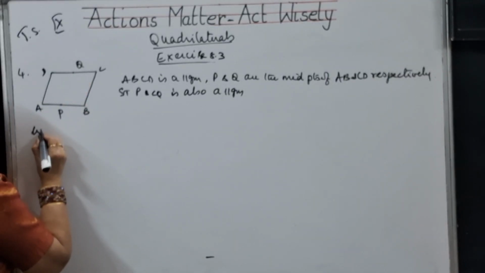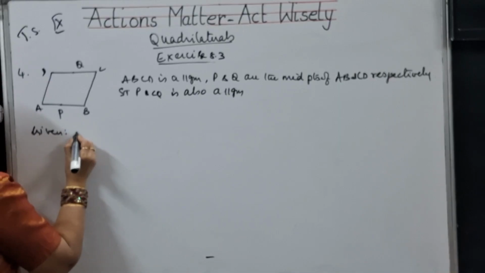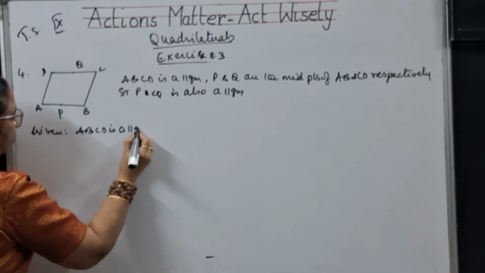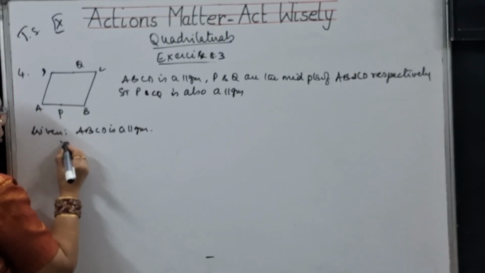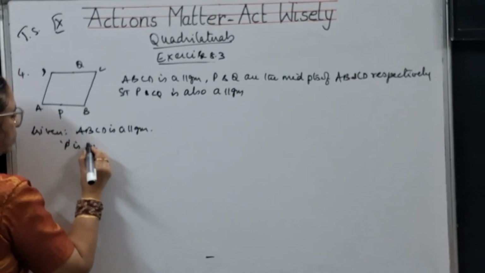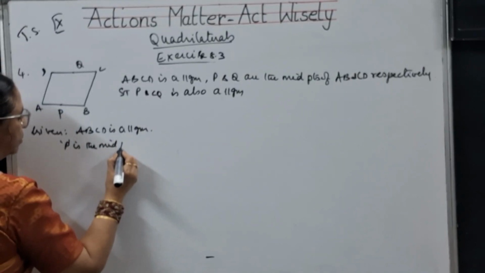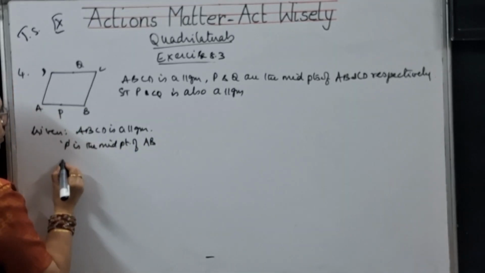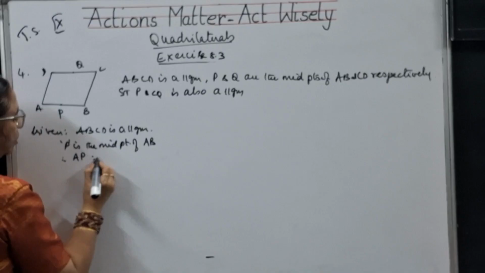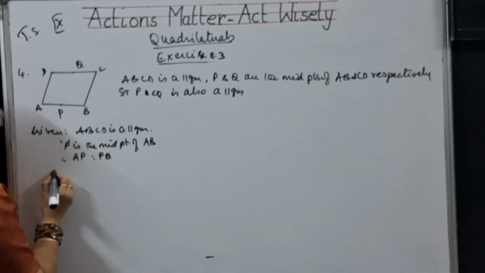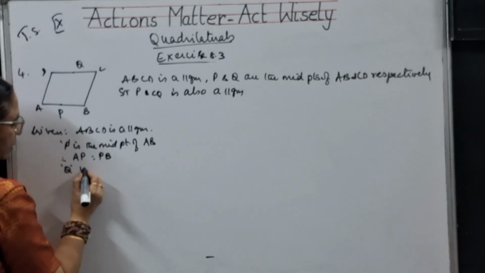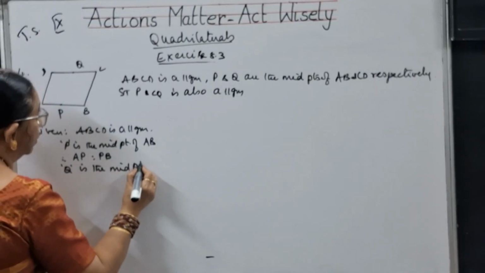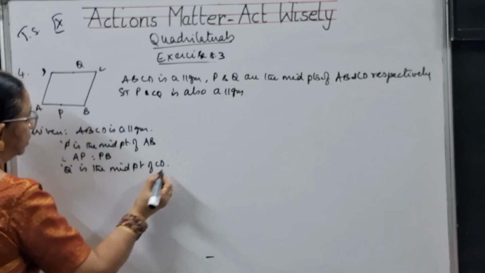So, what is given to us? ABCD is a parallelogram. P is the midpoint of AB. That means AP is equal to PB. And Q is the midpoint of CD.